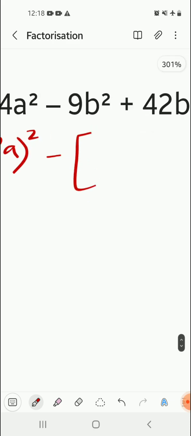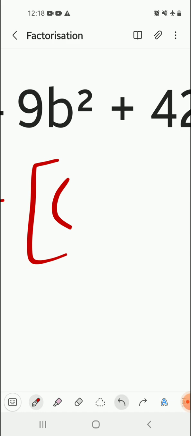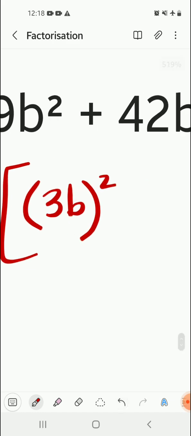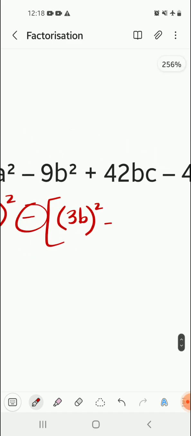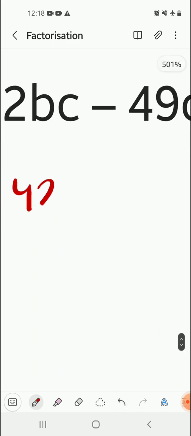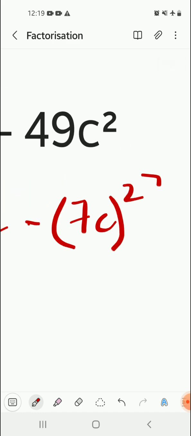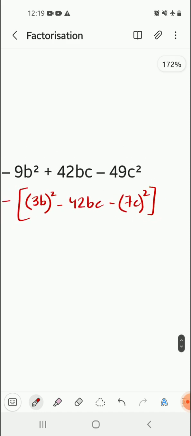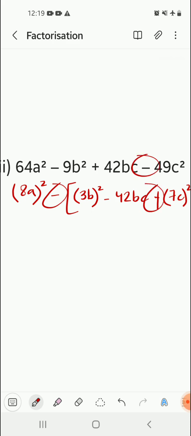So here 9b square, the square root of it, if we write, it will be (3b) whole square minus, we have taken minus as common, so that's why minus, and here we are changing the sign into minus, so that minus into minus becomes plus, 42bc minus 49 can be written as (7c) whole square. This we are actually writing in order to change the formula of this thing. See, minus into plus is minus, so that's why plus sign.